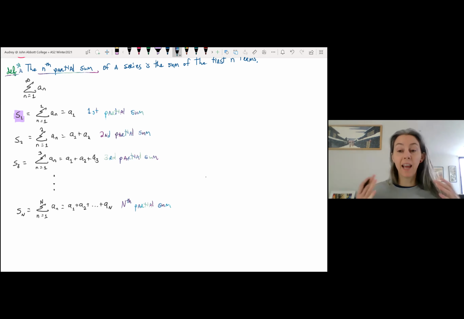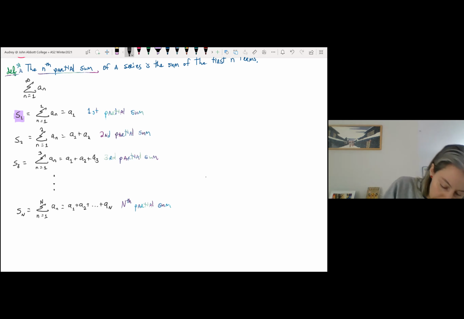And so if I take all of these partial sums, I can actually create a sequence called the sequence of partial sums. We'll do this as a definition as well.